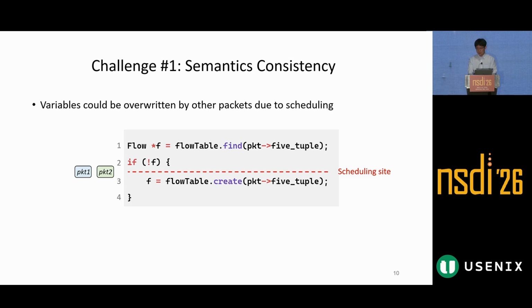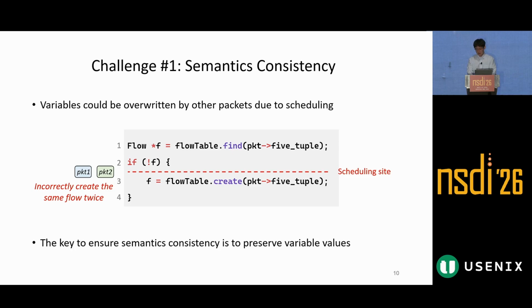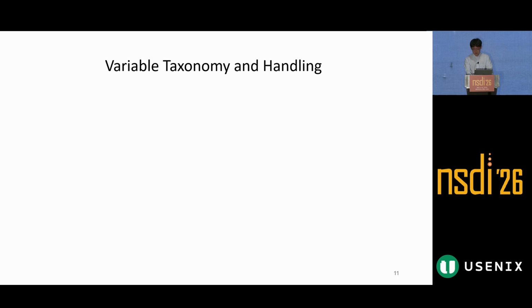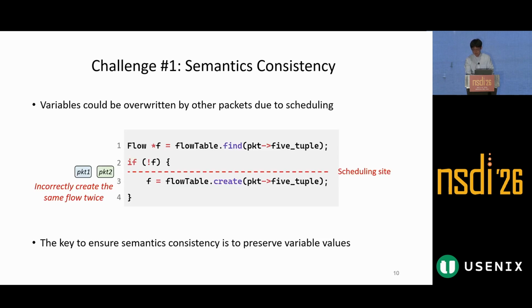At this moment, packet 2 also sees an empty flow table and tries to create an entry, which is wrong. In this example, the behavior is incorrect because packet 2 sees the wrong value for the flow table and takes the wrong path, and thus we consider the key to ensuring semantic consistency as preserving variable values.